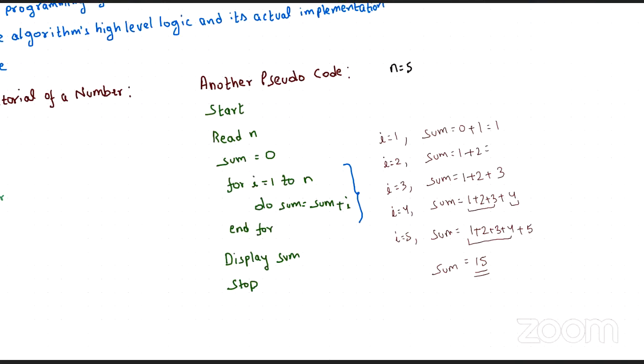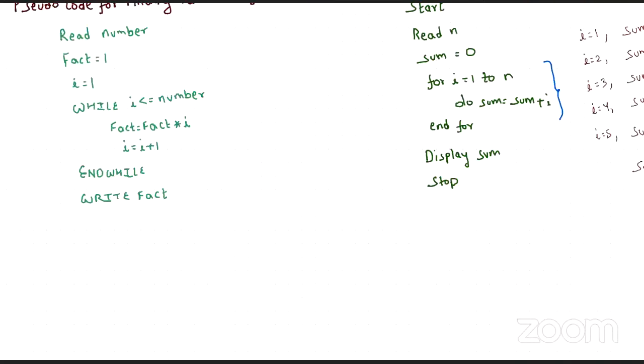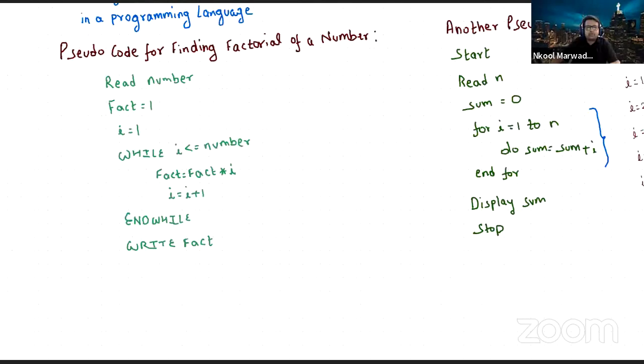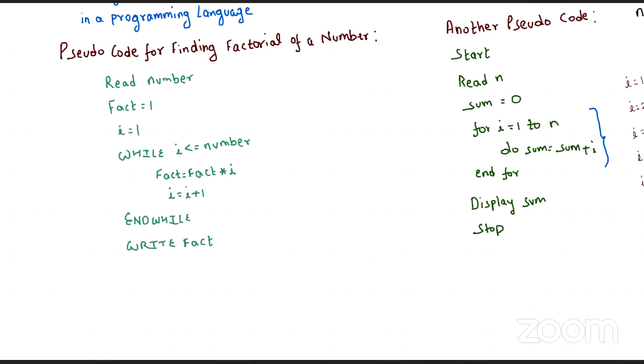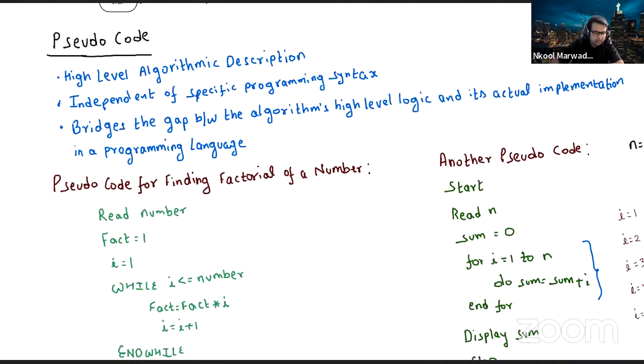Okay, nice. So this is clear to you. So pseudocode, now you got an idea. Now let us look at some key features of the pseudocode, which we already know, but some important features we can discuss. We have seen it is language independent, high level.